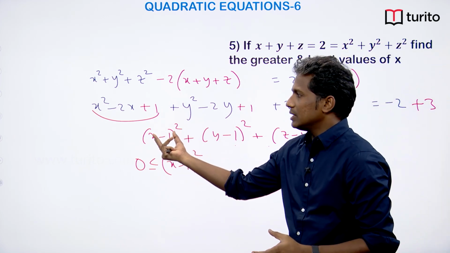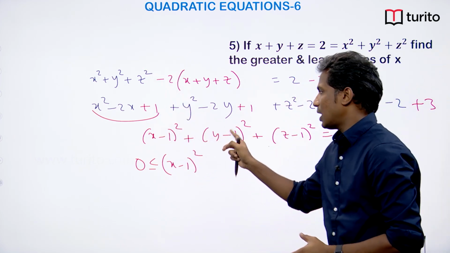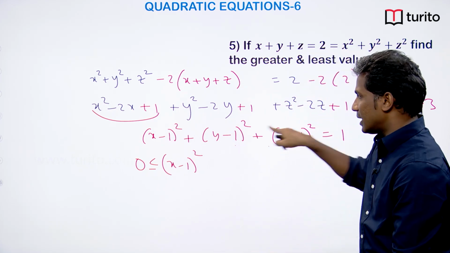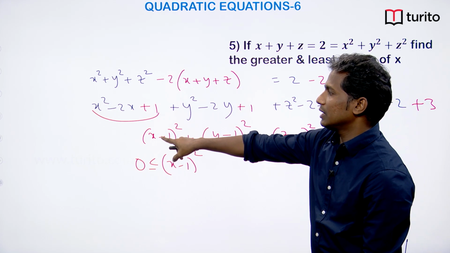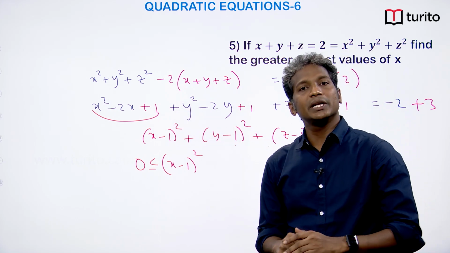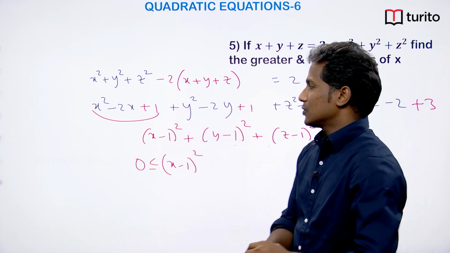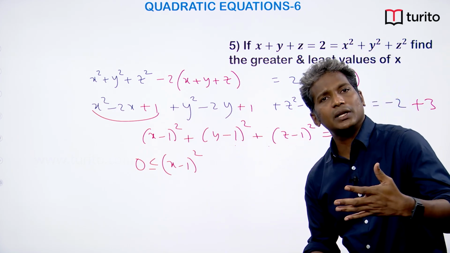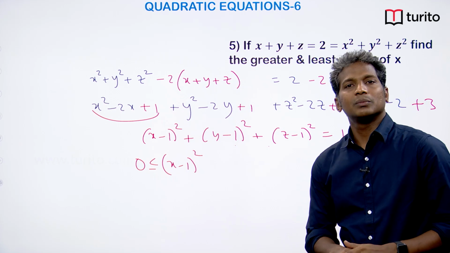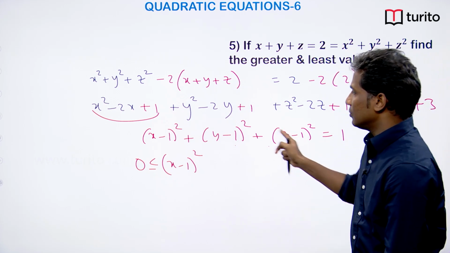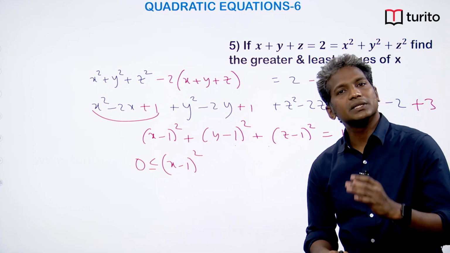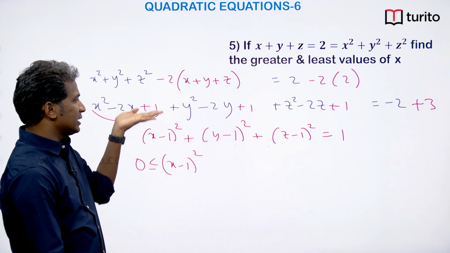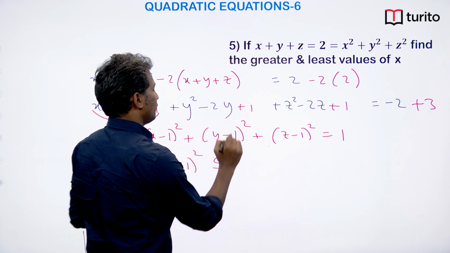So, when this is at its own maximum, the others must be at their own minimum. When others are at their own minimum, only then we will get x minus 1 whole square to be maximum. So, if others are at minimum, what could be that minimum value? Because they are also perfect squares, the minimum value of these must be 0. So, when these two are zeros, we will get the maximum value of this to be 1.